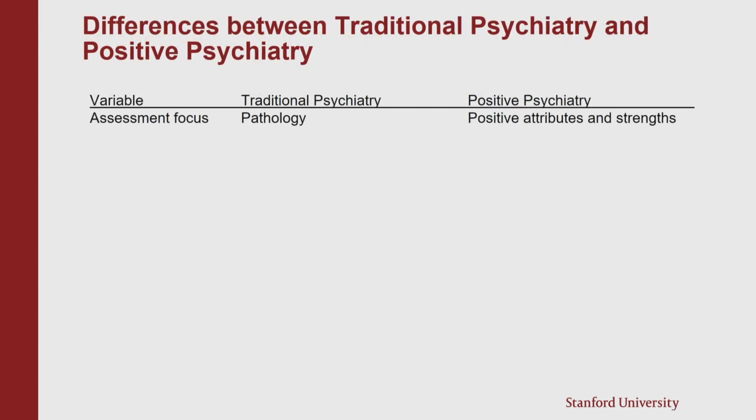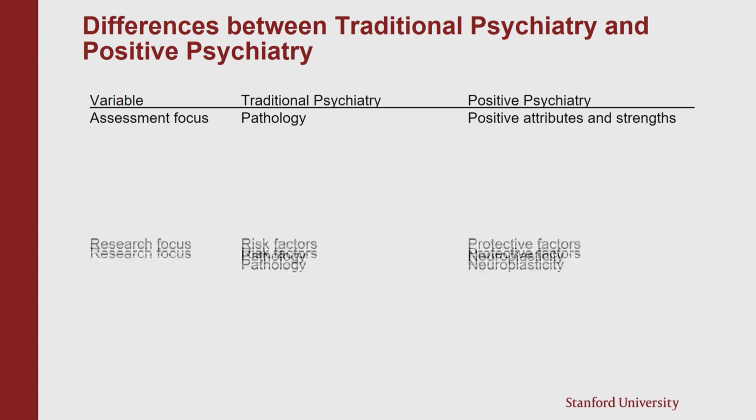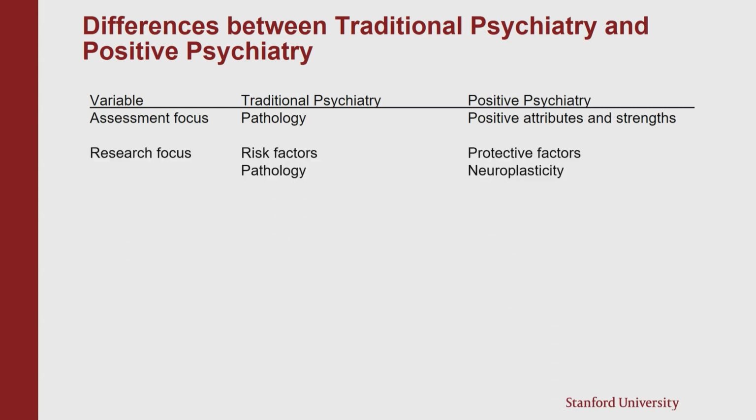So when we are thinking about the practice, I'm a psychiatrist, so I think about what I was taught when I was in training, and how I think it's going to be practiced with positive psychiatry. So assessment: traditional psychiatry would focus on the pathology. The positive psychiatry would be more about the positive attributes and strengths.